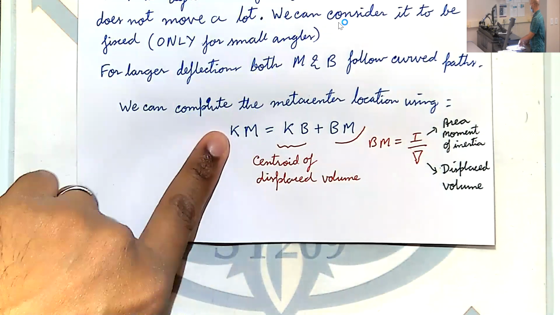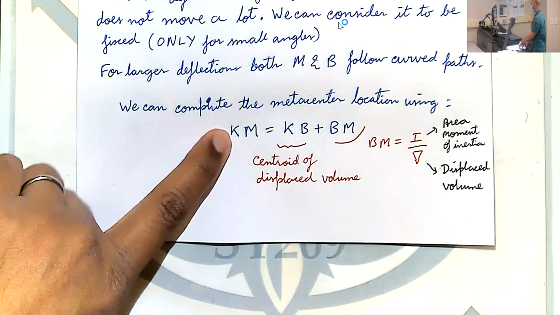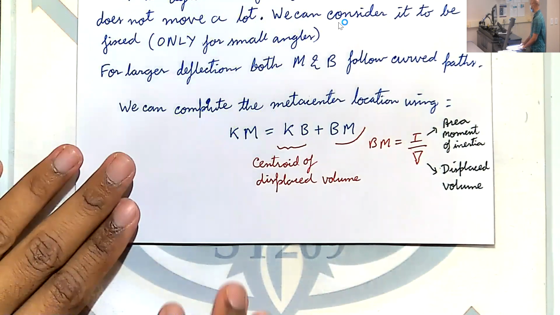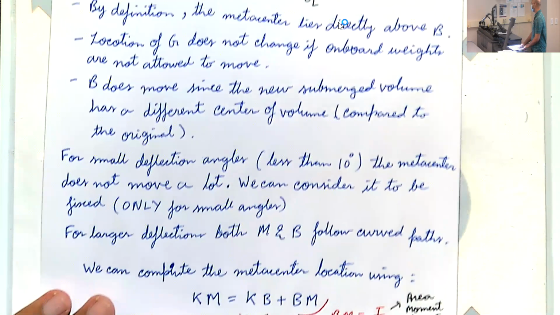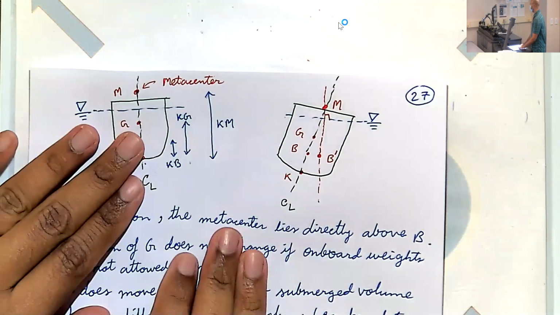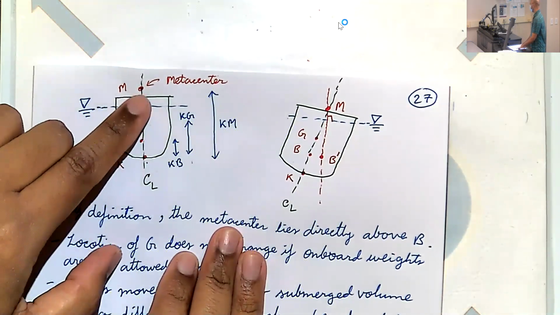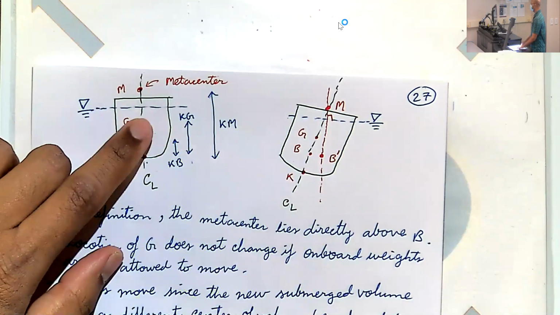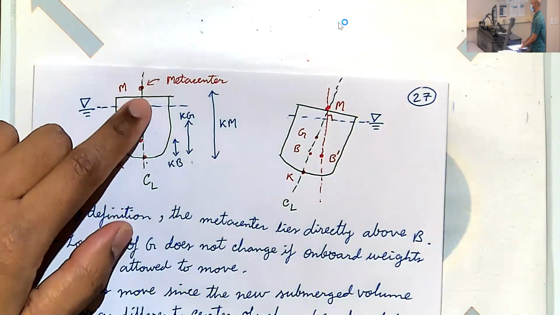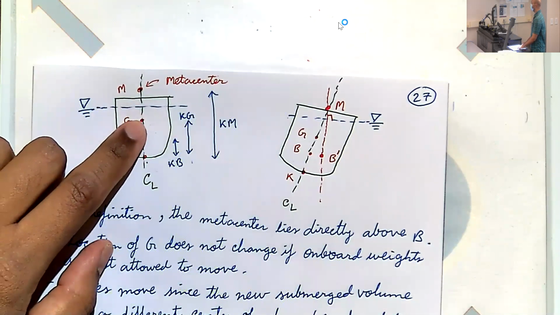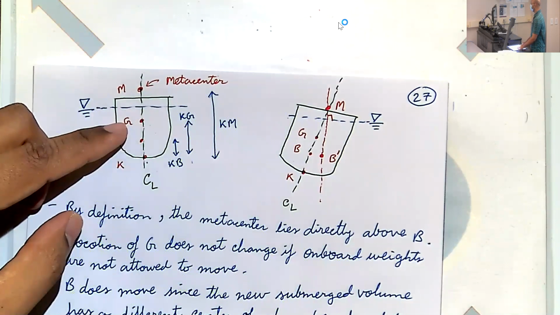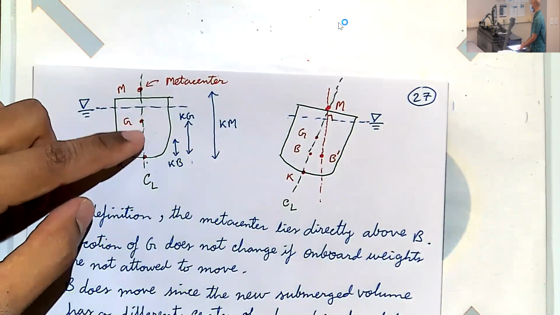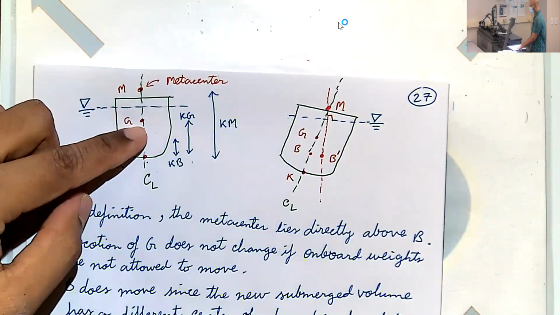Fine, that gives us one of the possible distances, KM. Another important distance in this picture is GM. GM is called the metacentric height. And it turns out that when GM is positive, your hull is stable. If GM is negative, meaning if M goes below G here, your hull will immediately tip over.